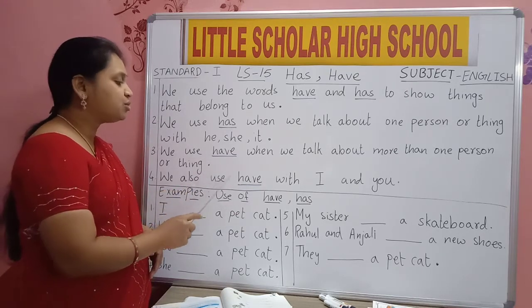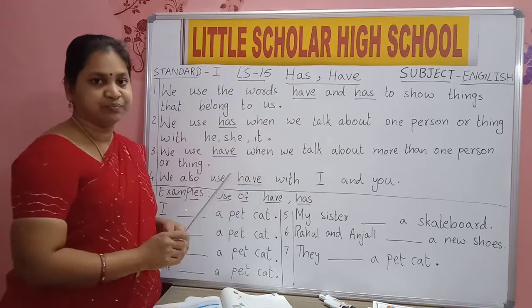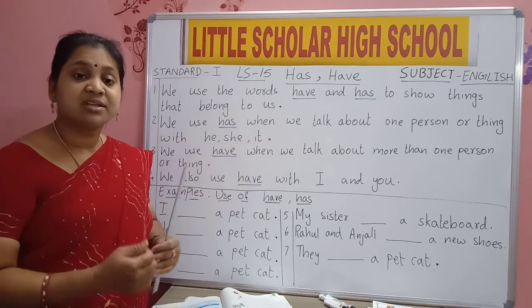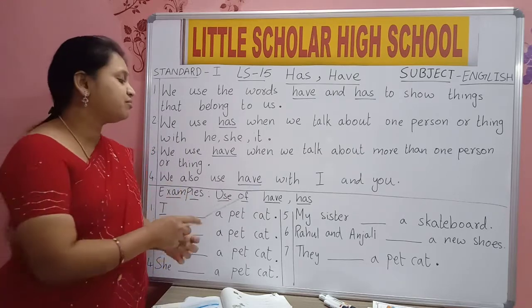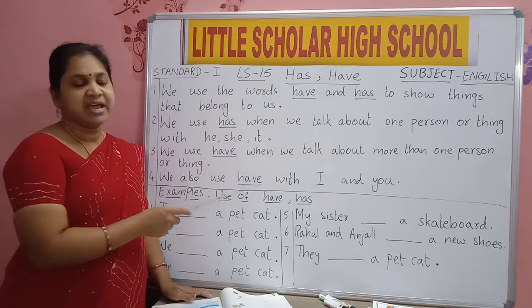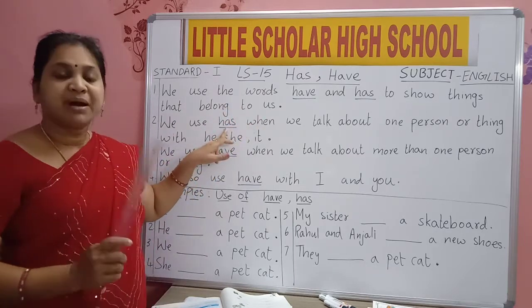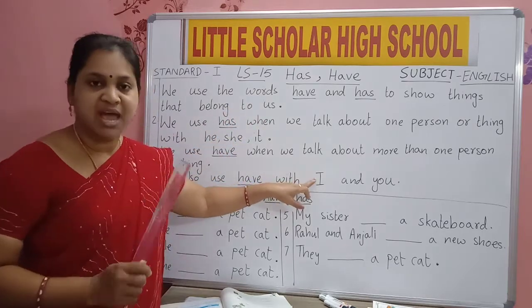Now, we also use have with I and you. Now, I means how many? One, ourself. When we are talking about ourselves, we should use have only. Here we said when we are talking about one, we should use has. But with I, you should not use has.